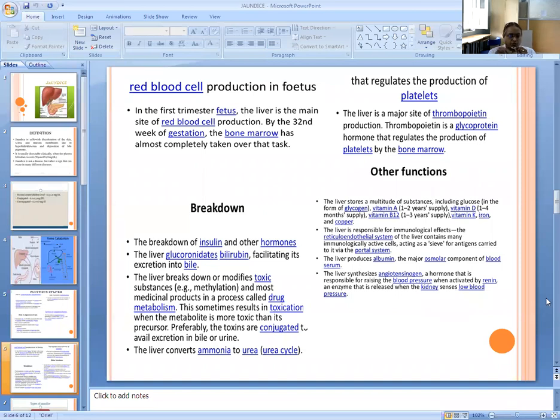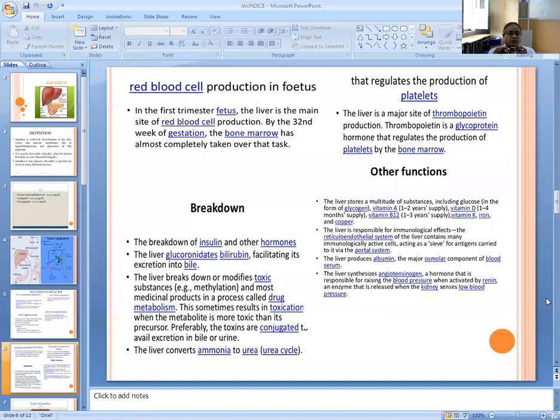Detoxification function of the liver is very important. So the breakdown function mainly includes breakdown of hormones like insulin, ADH, excretion of bilirubin, and drug and toxin detoxification, their metabolism or excretion.